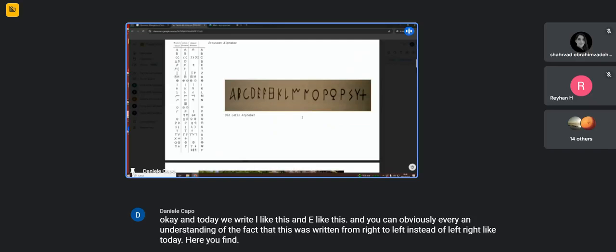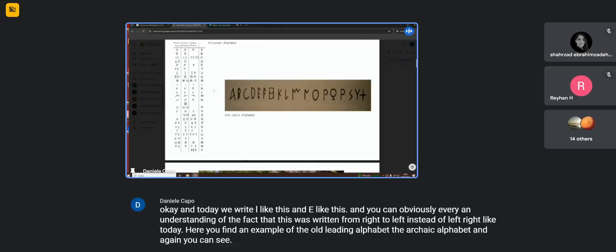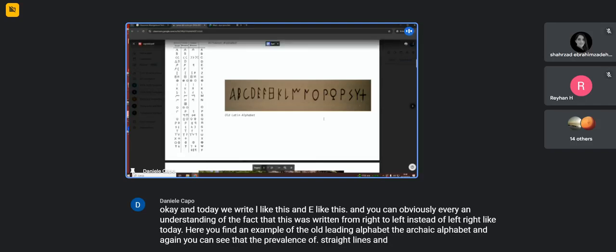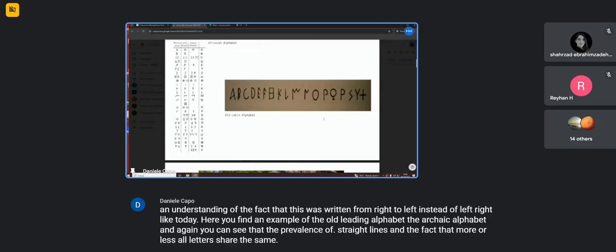Here you find an example of the old Latin alphabet, the archaic alphabet, and again, you can see the prevalence of straight lines and the fact that more or less all letters share the same height.